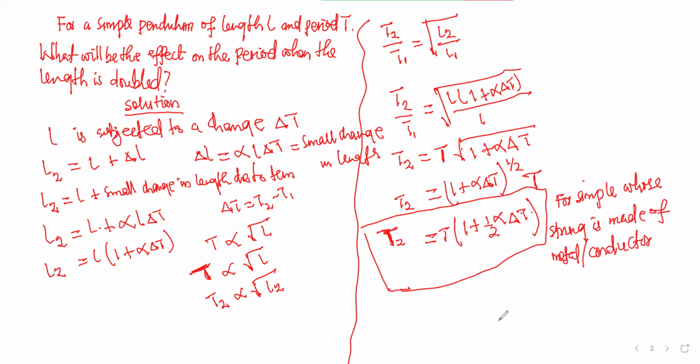So please note that T2 and T1 are periods of oscillation, not temperature. If you are not careful, you can take it as a temperature.